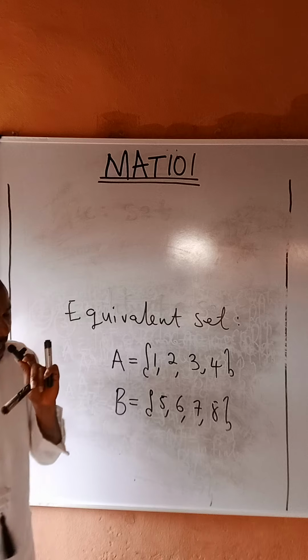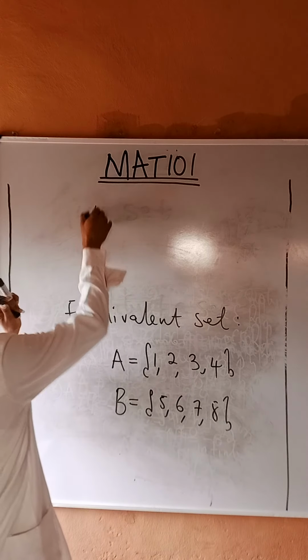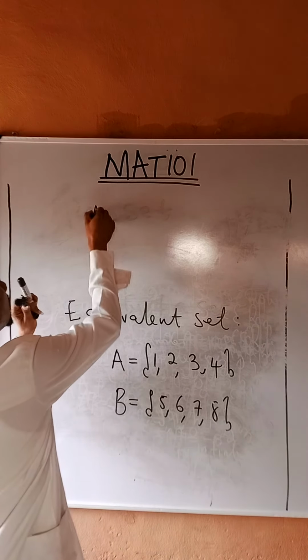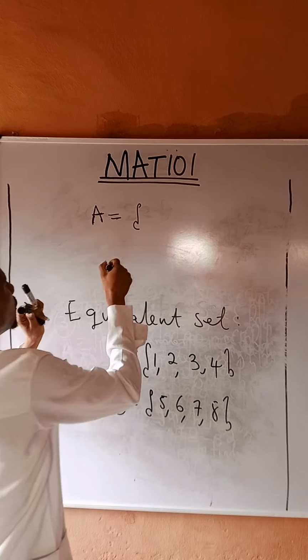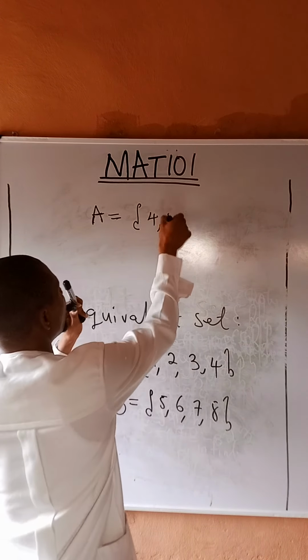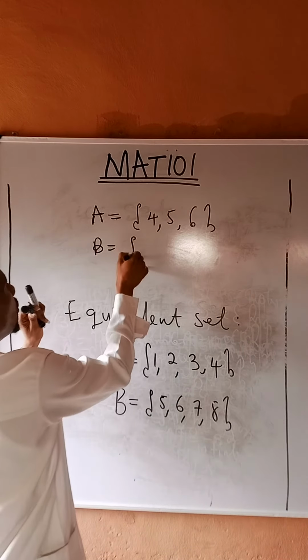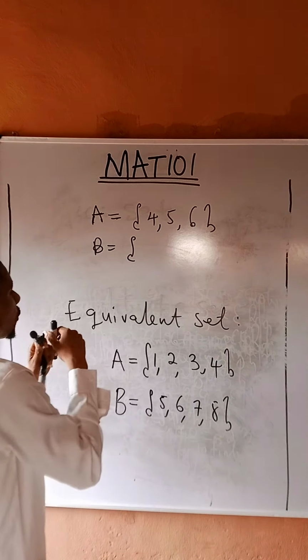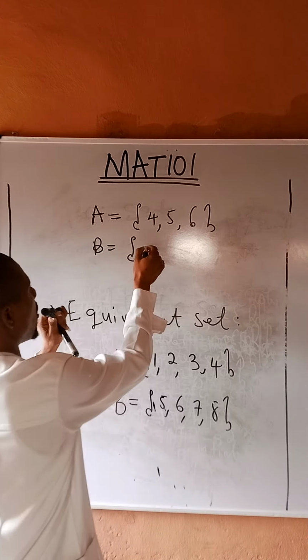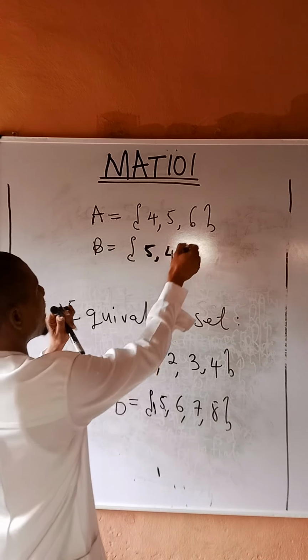Now, let's look at this set. If I have a set A, which is equal to {4, 5, 6}, and I have another set B, which is equal to {5, 4, 6}.